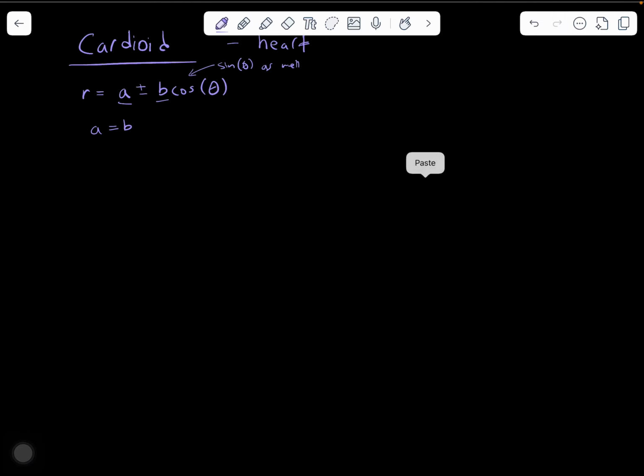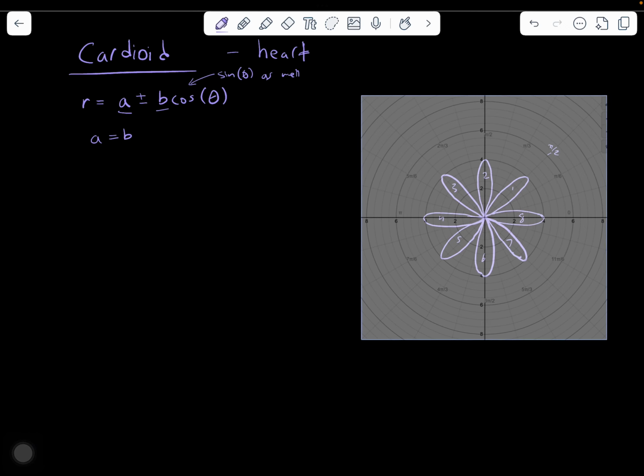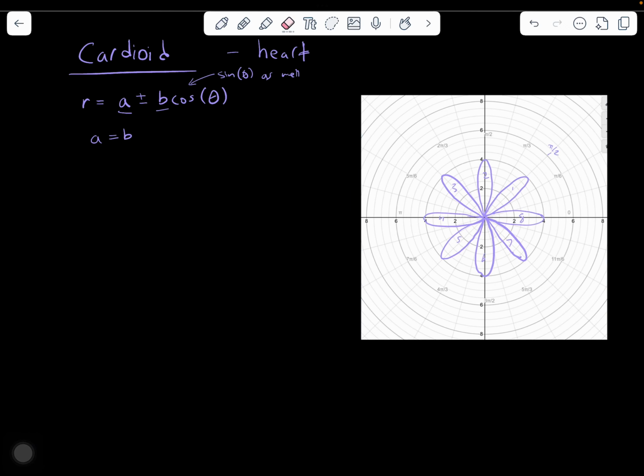So let's say we want to find just a general curve. We'll take this one for example. So since it's a cosine graph, it's going to be pointing in a direction either left or right because cosine is the x-axis.